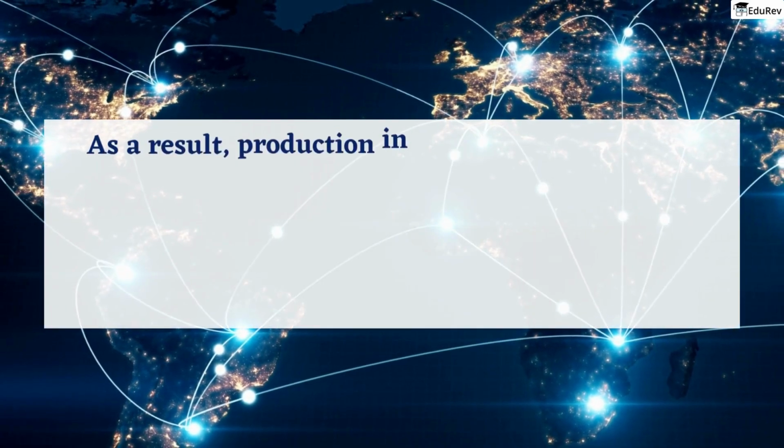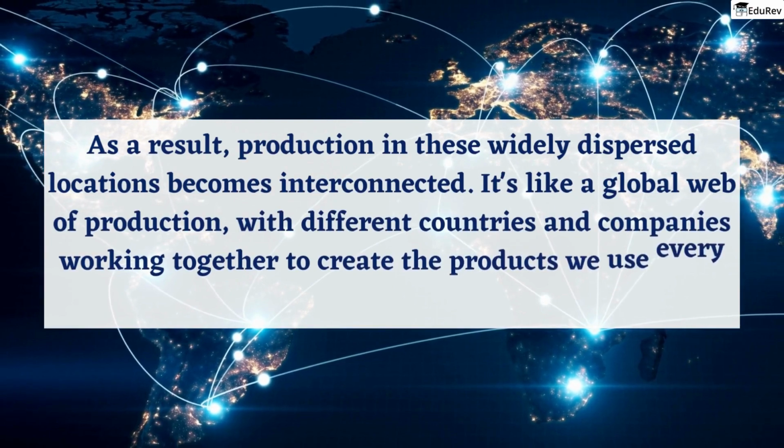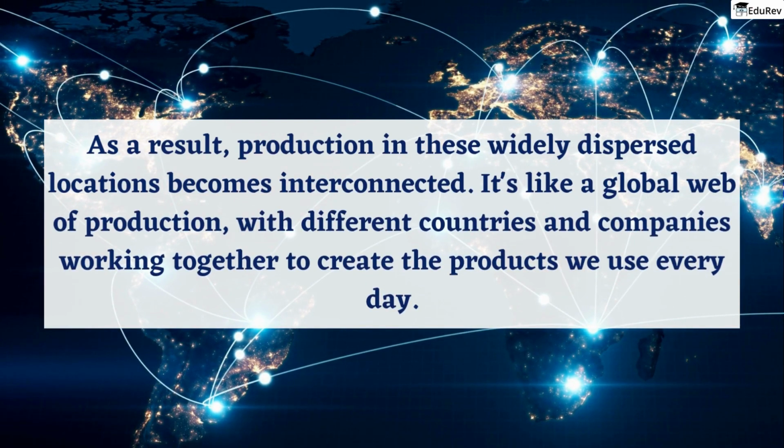As a result, production in these widely dispersed locations becomes interconnected. It's like a global web of production, with different countries and companies working together to create the products we use every day. Isn't it fascinating to think about how a simple t-shirt or a pair of sneakers can have connections to multiple places around the world?